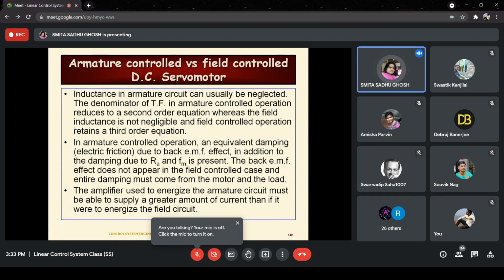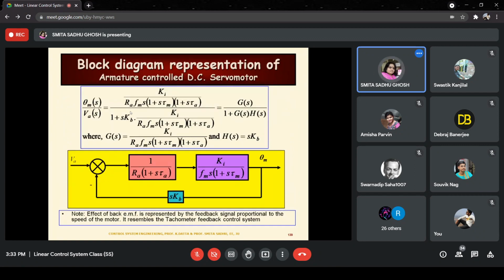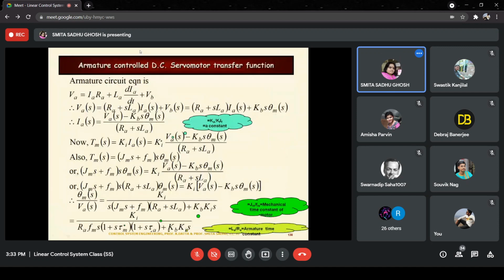And both are apparently third order transfer functions, if you would have noted. However, this is the basic form of the transfer function from where we actually got the block diagram.